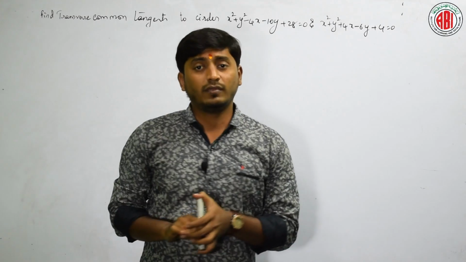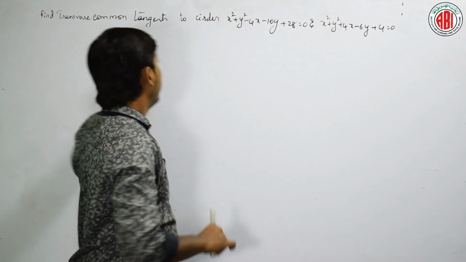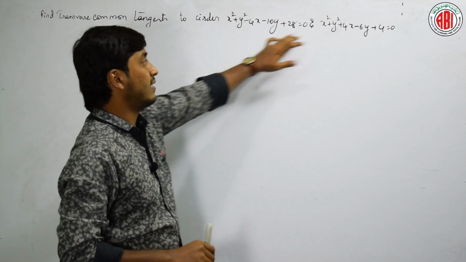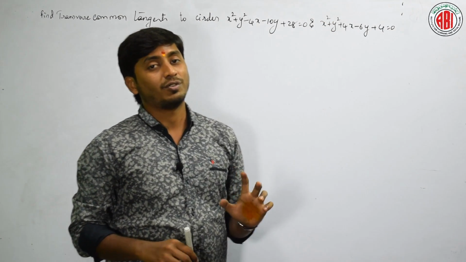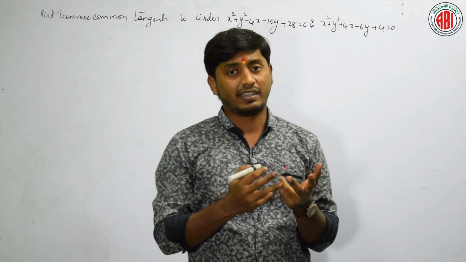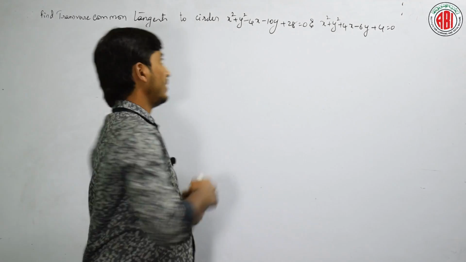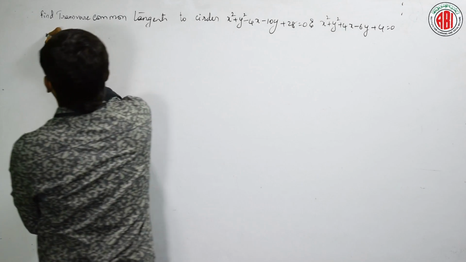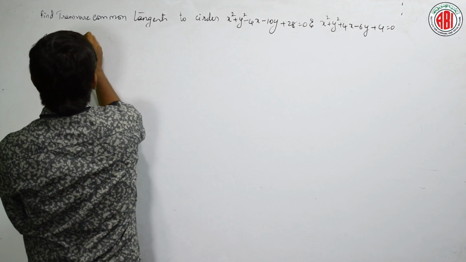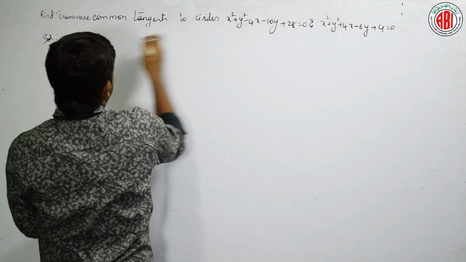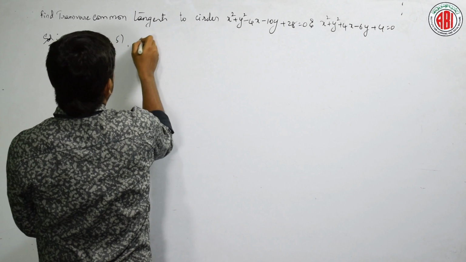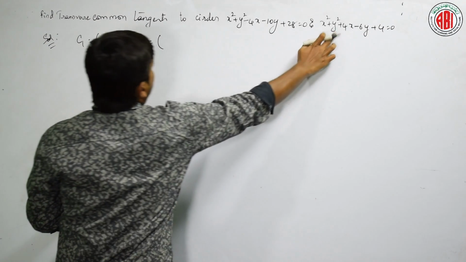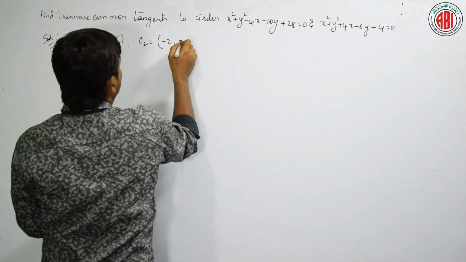Let us do. Look at the next question here. Find the transverse common tangent to the circles given. What is the first thing we have to do? The same thing, we have to find the centers and radii. Let us find centers first. What is C1? 2 comma 5. What is C2? Minus 2 comma 3.